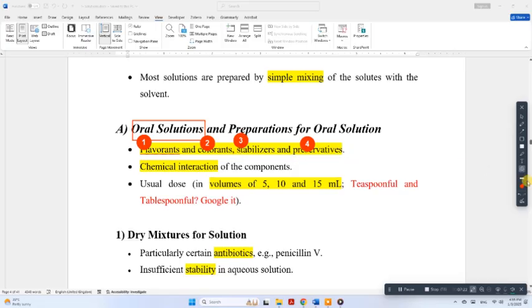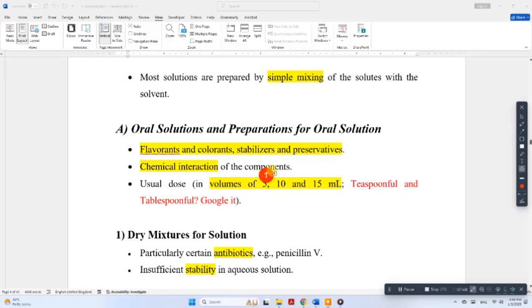Also, you should be aware of the dangers of adding components to a vehicle where a reaction can happen. You don't want to add 2 components, for example, a weak acidic substance and a weak basic substance, in a vehicle and then have an interaction happen between them. Also, you should be aware of the typical doses. When I'm talking about liquid solutions, they will usually tell you 1 teaspoonful or 2 teaspoonfuls, or they will tell you 1 tablespoonful.